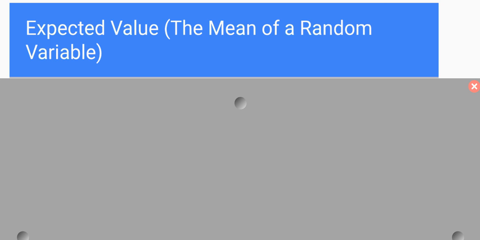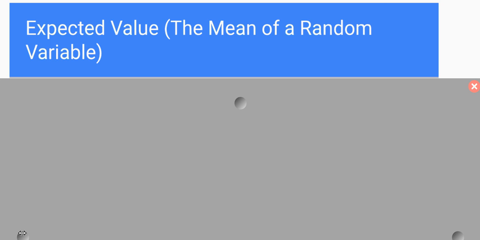The insurance company wants to have an idea as to how much they're going to have to pay out on average. That's the key idea with these. These are not necessarily going to be actual outcomes they're going to pay out. It's going to be what on average would they expect on every policy.